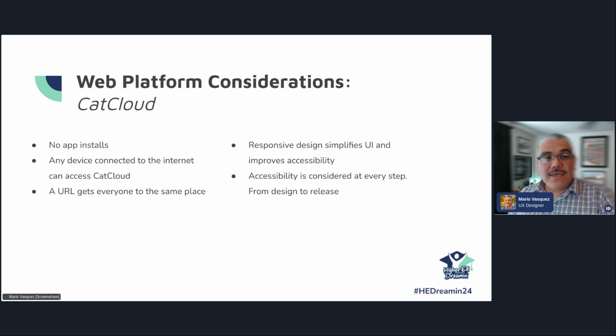If we design things in a responsive way, meaning we design for mobile and desktop and make things sort of squishy, that simplifies a lot of the UI and actually improves the accessibility as well.